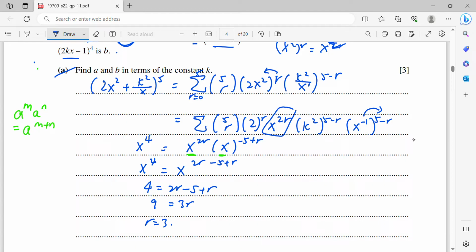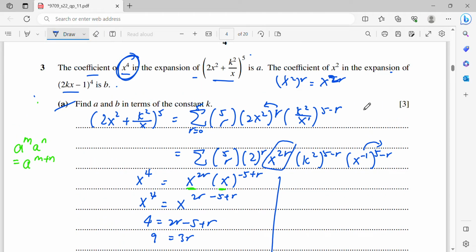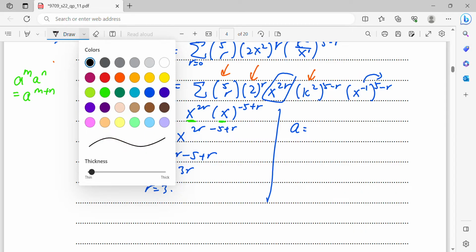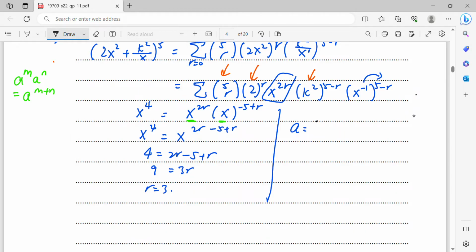So when r equals 3, the coefficient of x^4 is a. After replacing everything, all of this will be the coefficient for x^4. So a equals 5C3 times 2^3 times (k²)^(5−3).